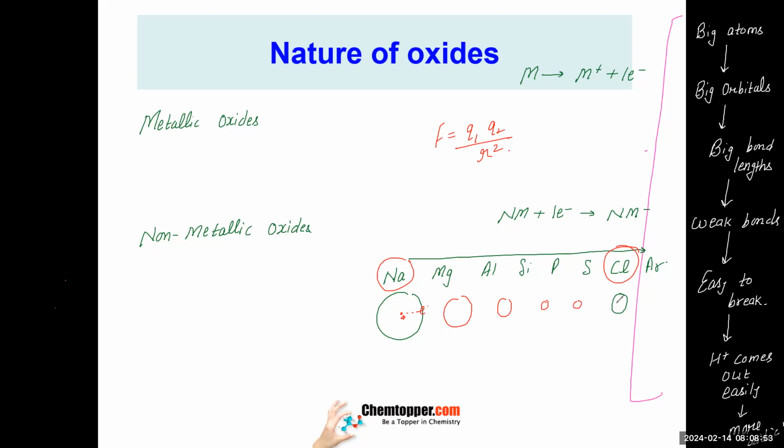Size is decreasing. What is happening to the tendency of losing electron? Yes, Afan, what do you think? Are they losing electron easily or are they finding it difficult to lose the electron? I'm just trying to show you decrease in size.